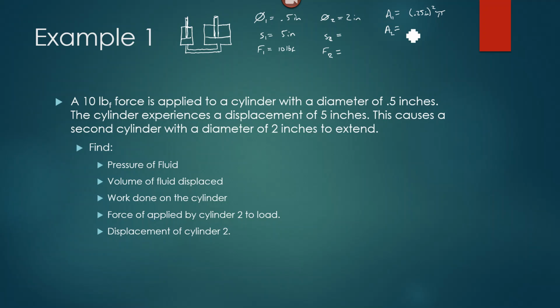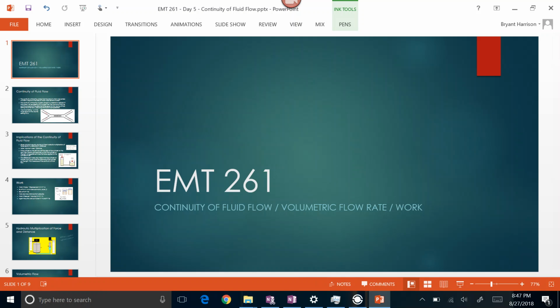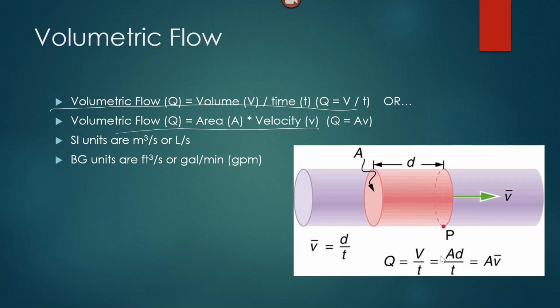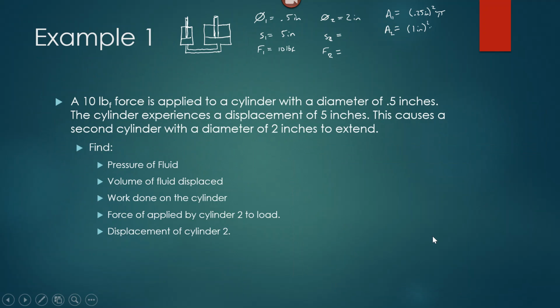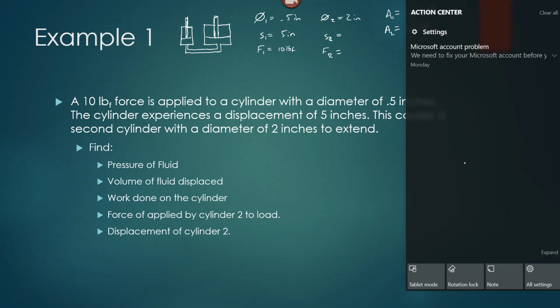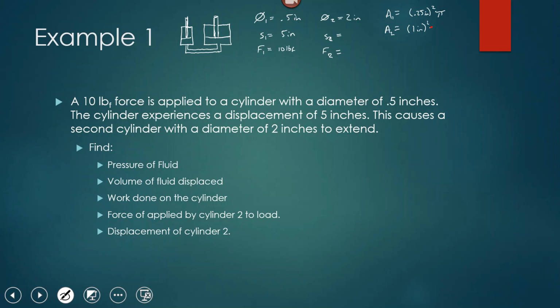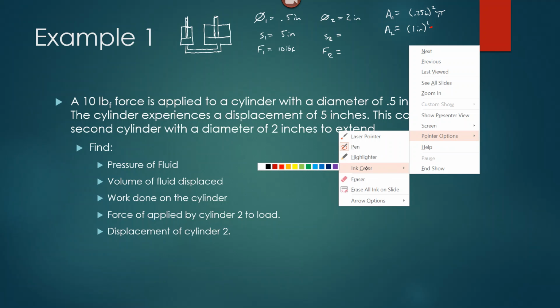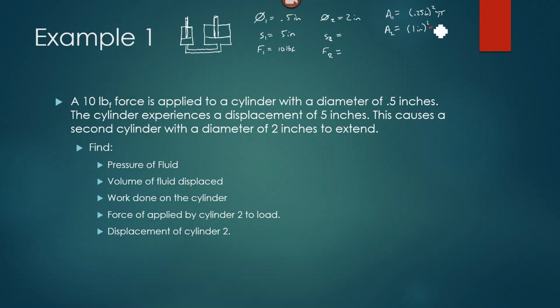And area of 2 is going to be equal to 1 inches squared times, sorry about that, times pi.